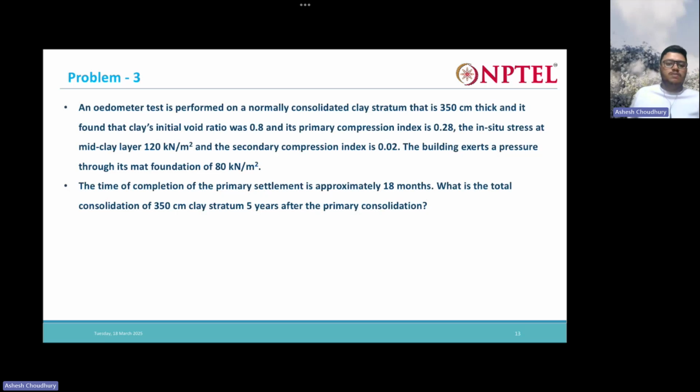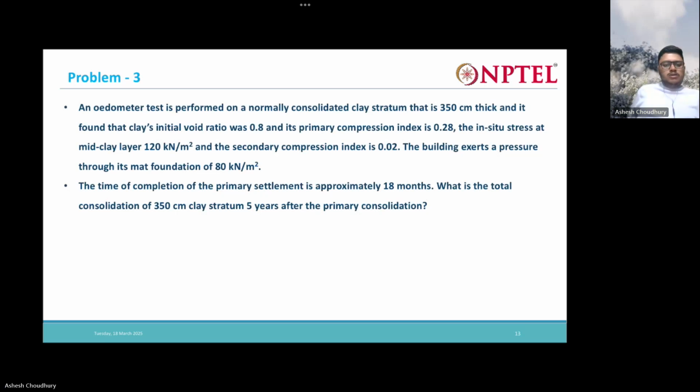The in situ stress at mid-clay layer is 120 and the secondary compression index is 0.02. The building exerts a pressure through its mat foundation of 80 kilonewton per meter square. The time of completion of the primary settlement is approximately 18 months. What is the total consolidation of the 350 centimeter clay strata 5 years after the primary consolidation?